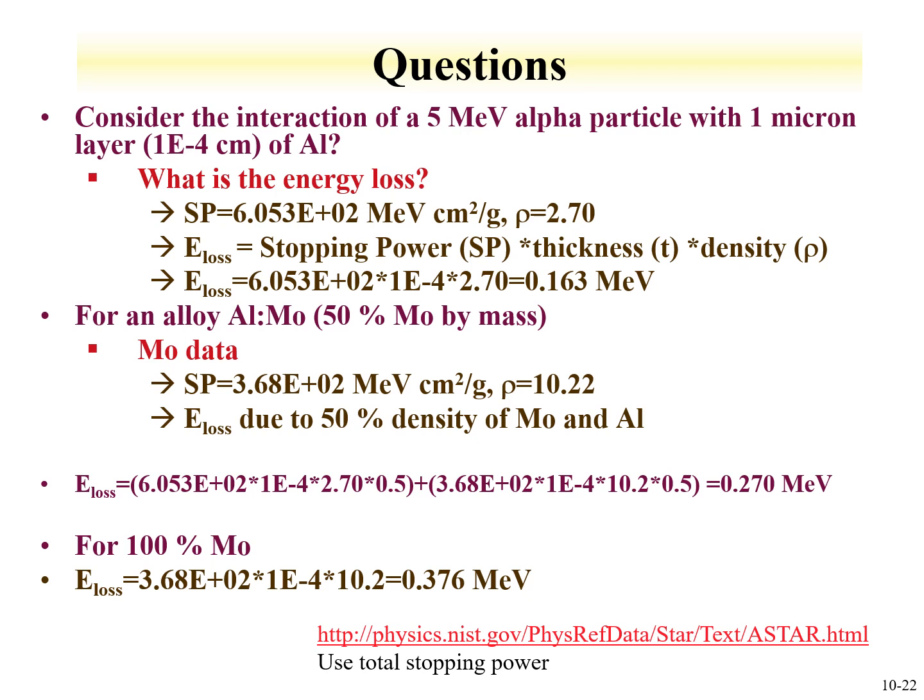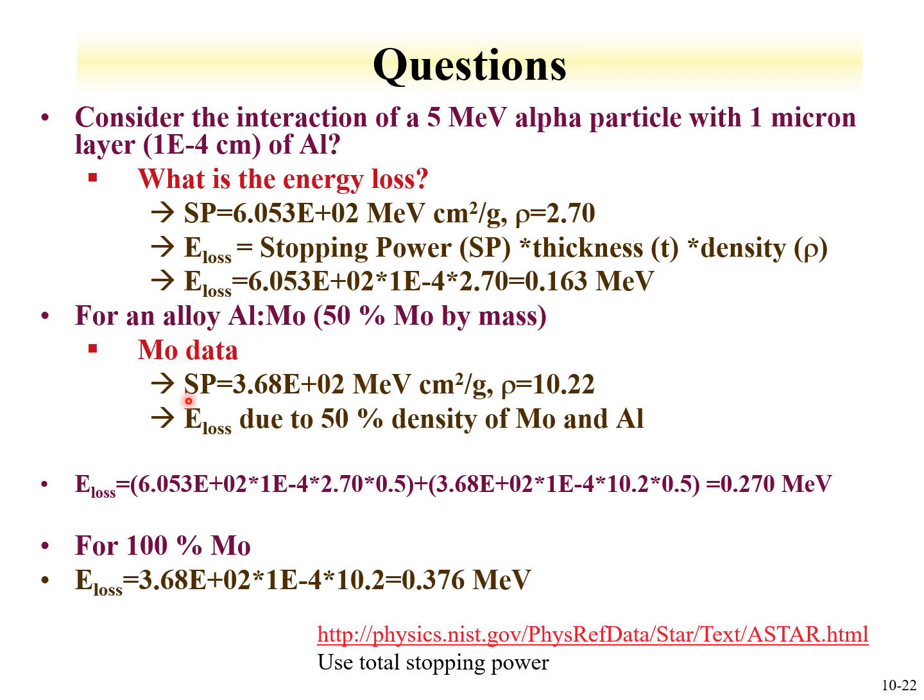Now, using the same database, we can investigate some more complicated systems. As opposed to just using aluminum, what if we had an alloy of aluminum and molybdenum, where it's 50% by mass molybdenum? We could again go to the A-star web page and get the relevant molybdenum data.